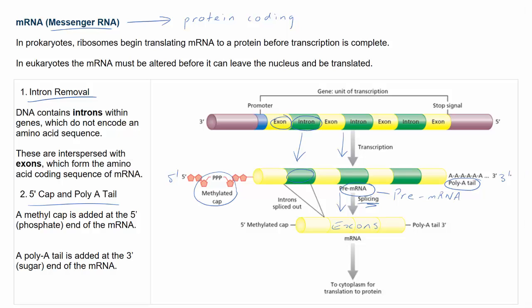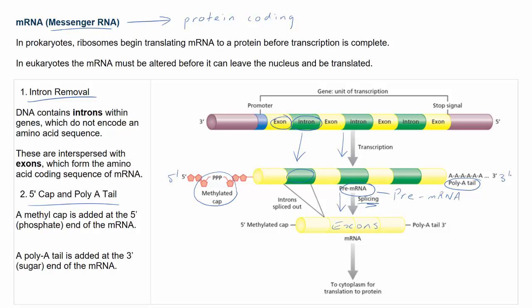Together, the cap and poly-A tail enhance translation in the next step in the cytoplasm by helping ribosomes attach to the 5' end of the mRNA molecule. The length of the poly-A tail may also determine how long an mRNA lasts before being degraded.